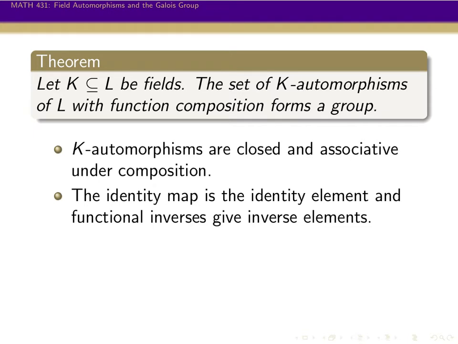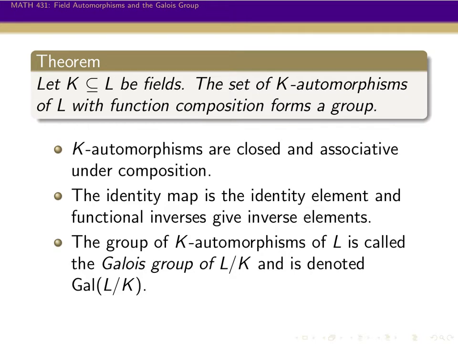The identity element of this group is just the identity map, the map that sends everything to itself in L. This is always an automorphism. And also, since automorphisms are isomorphisms, any isomorphism has an inverse map that's also an isomorphism. And so these functional inverses give us our inverse elements. So for any automorphism sigma, there is automatically a sigma inverse, which undoes it.